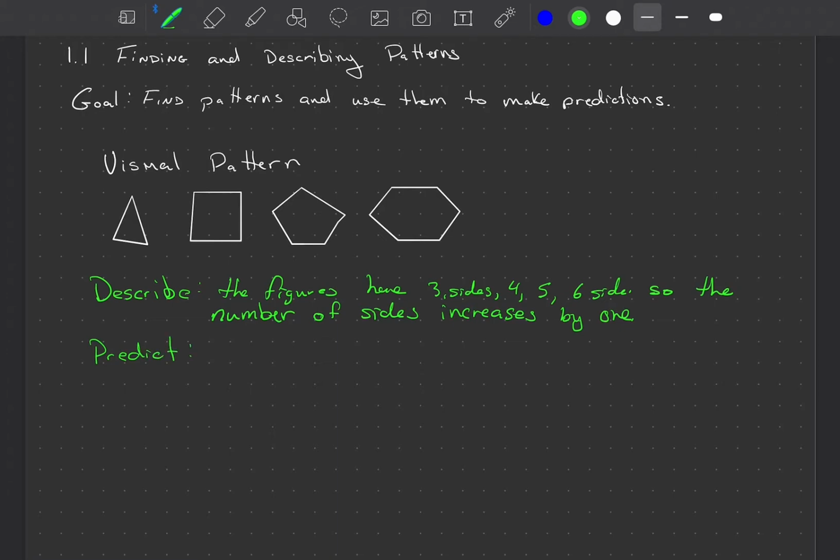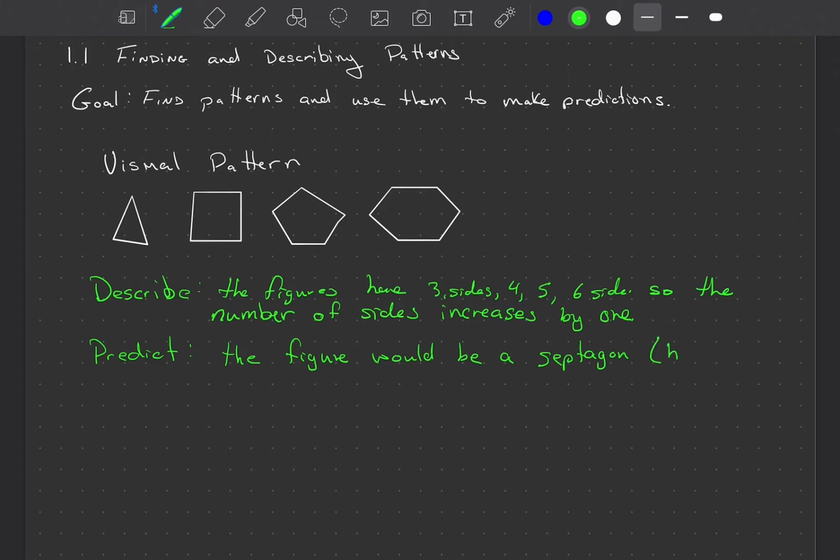And our prediction is that the next figure would be a 7-sided shape. So it's going to be a septagon, or at least as I was taught.